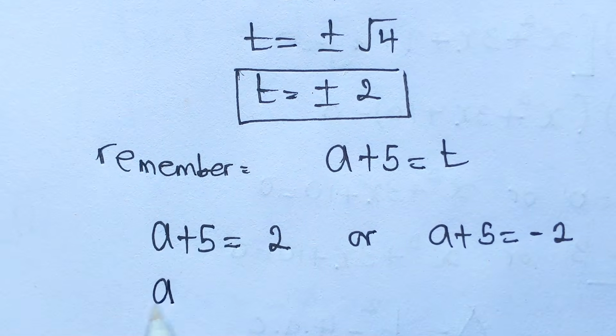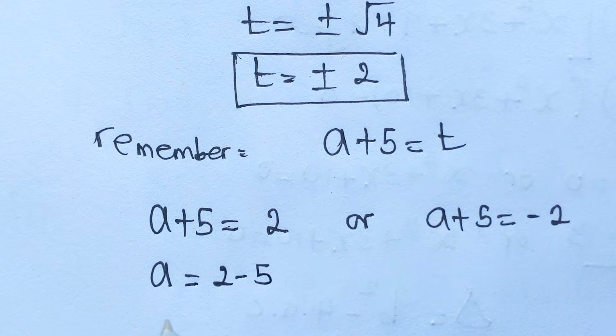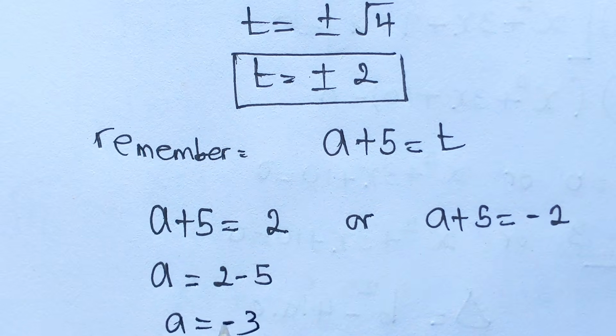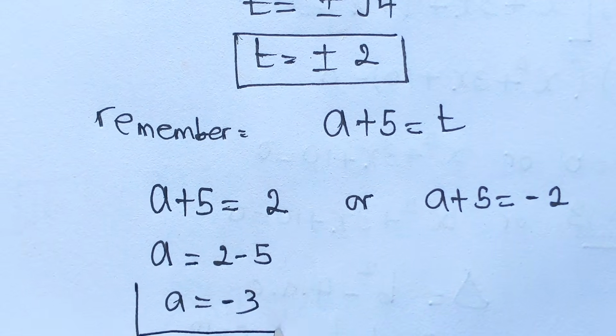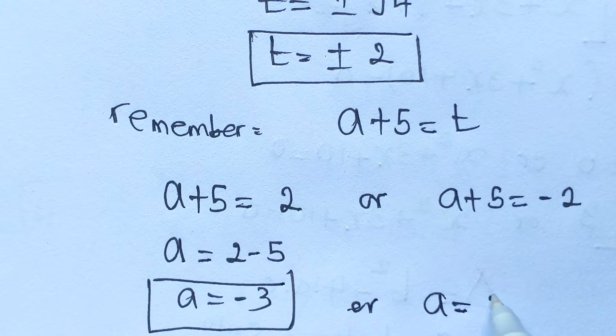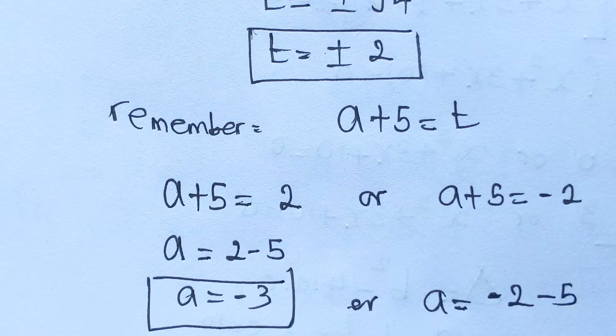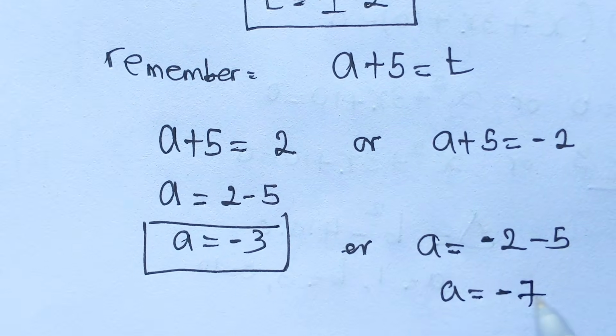Then a will be 2 minus 5, which is negative 3, or a will be negative 2 minus 5, which is negative 7.